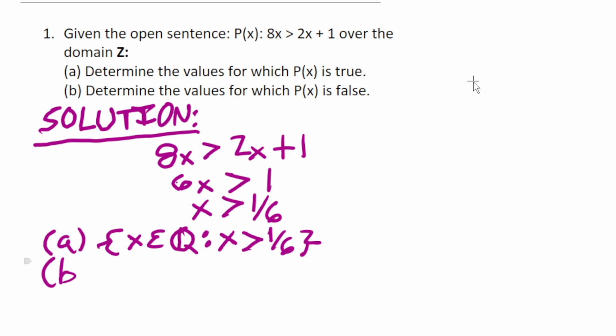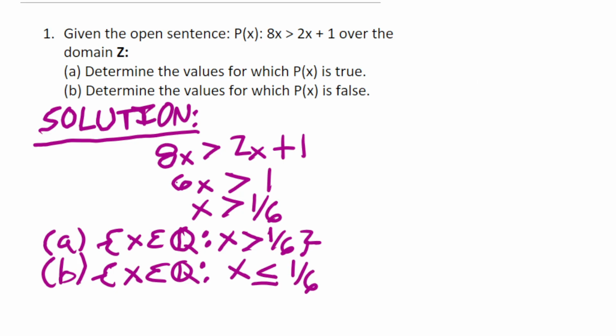So those are the values for which the open sentence is true, and then the values where it is false would be where x is less than or equal to 1 over 6, because our inequality is strictly greater than. So this is all there is to the first problem.